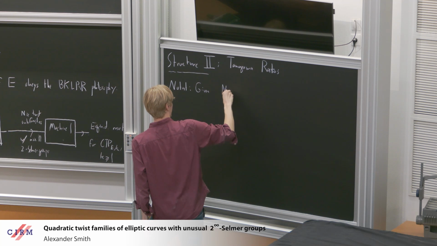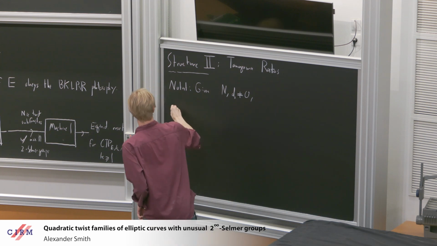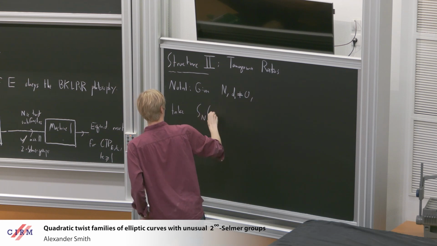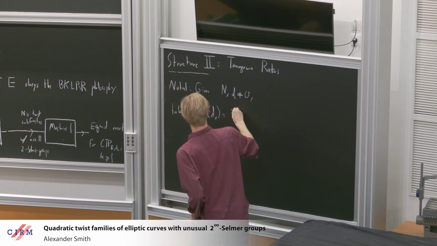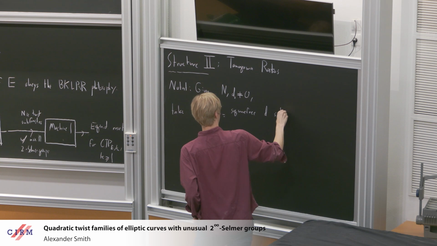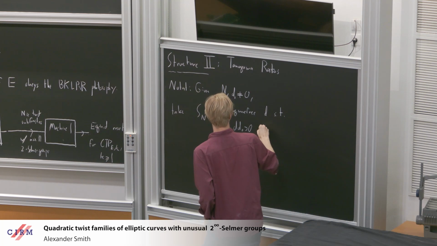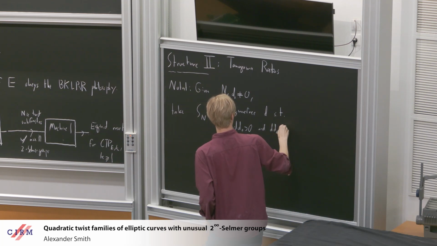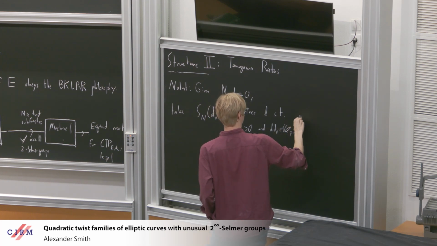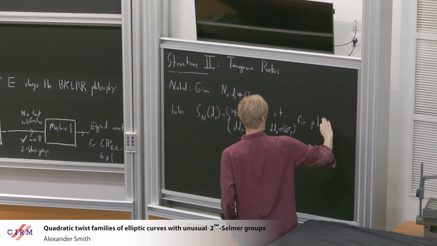Given positive, let's say non-zero integers n and d naught, we're going to take S_{n,d naught}, and this is going to be the square-free integers d such that d naught d is positive and d naught d is a square in Q_p for p dividing n.